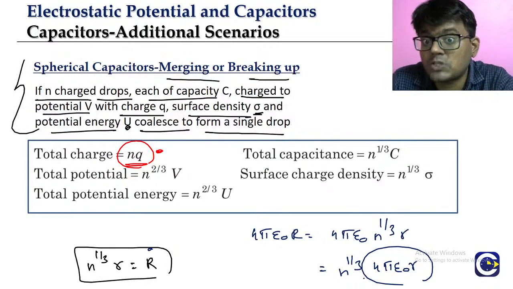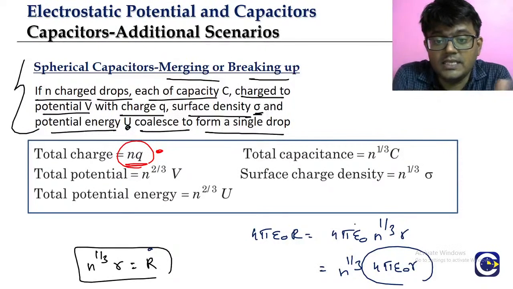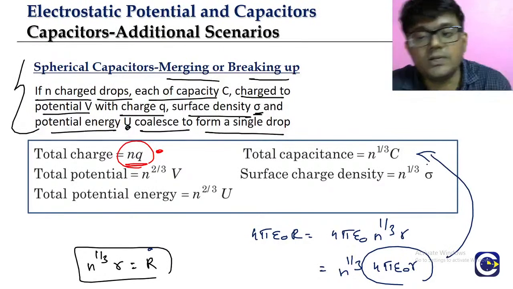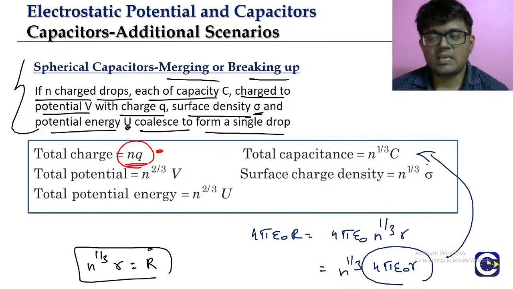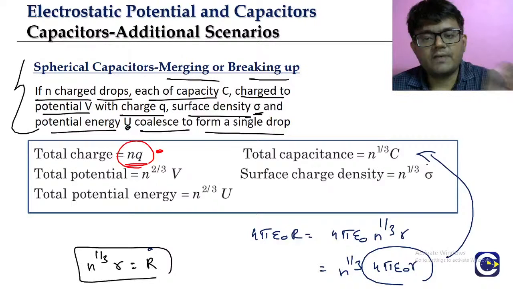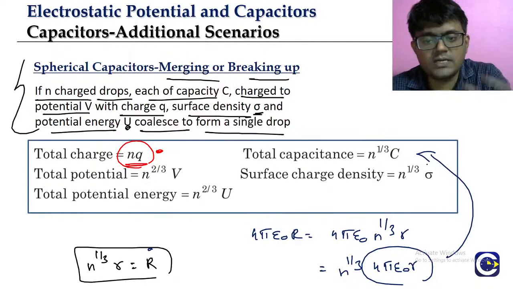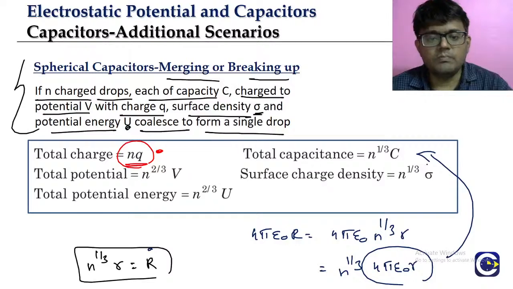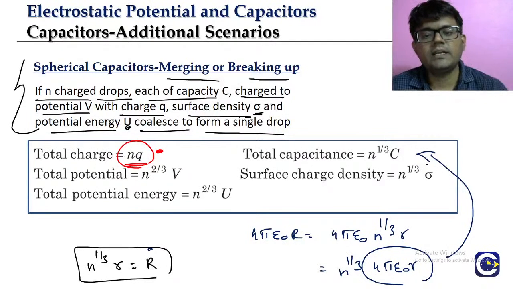What is 4 pi epsilon naught small r? It is the capacitance of each drop initially, which is C. So n power 1/3 into C is the capacitance of the bigger drop. These are standard results we are deriving, but we should also try to remember them if possible. Okay? So what is the charge of the bigger drop? N into Q. What is the capacitance?